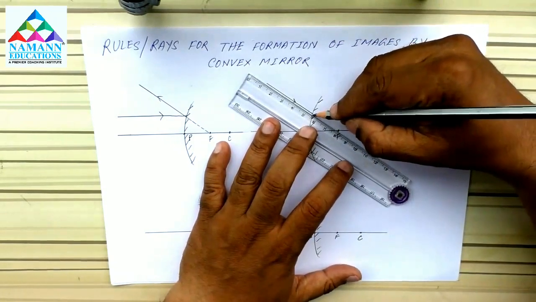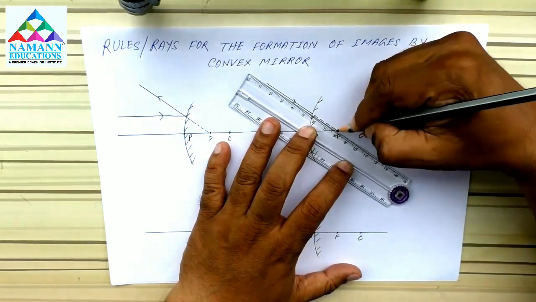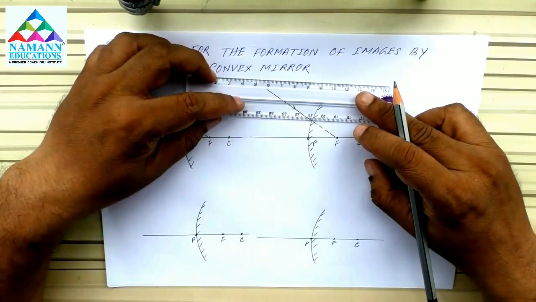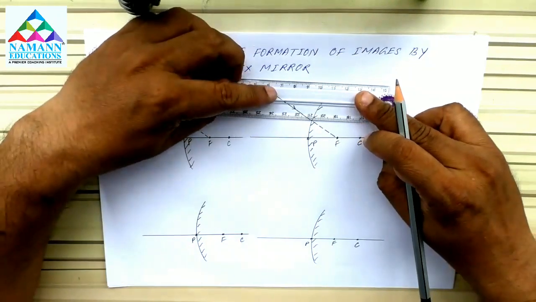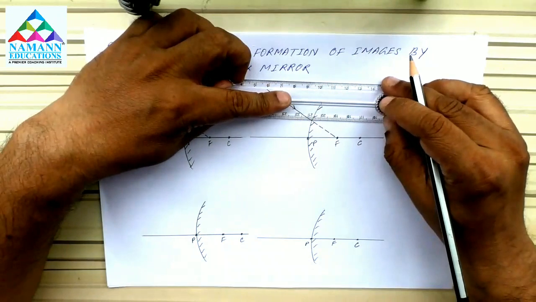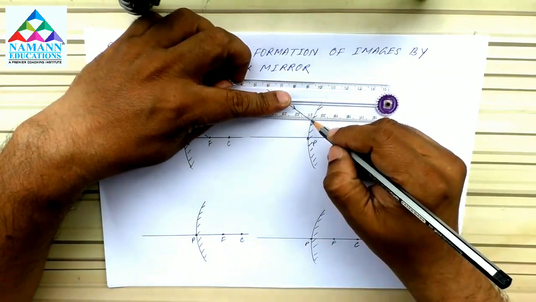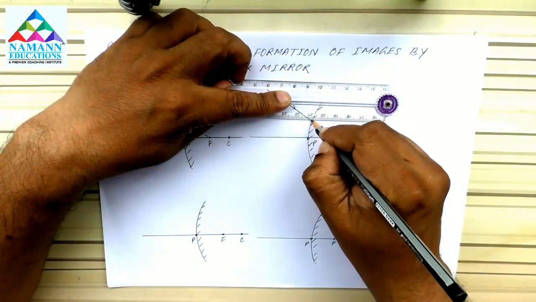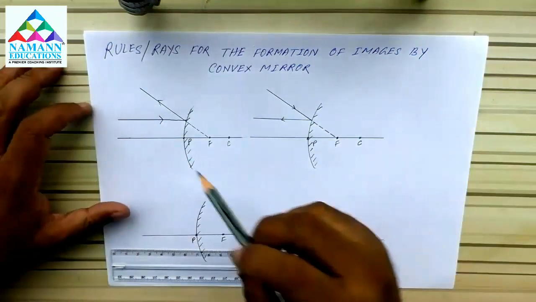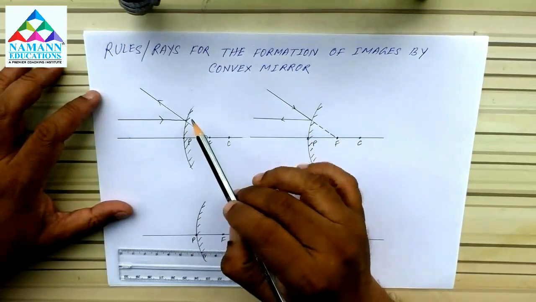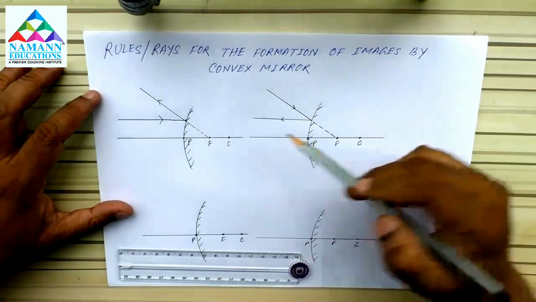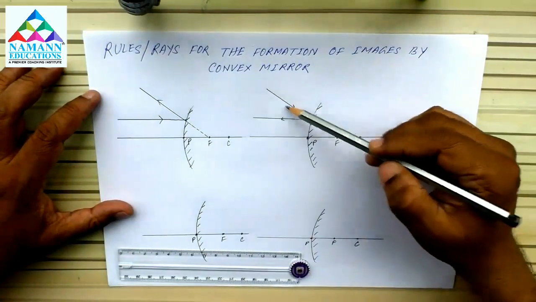So after reflection, this light ray becomes parallel to the principal axis. So first rule, a ray of light incident parallel to the principal axis after reflection appears to diverge from focus. And second one, opposite of the first one, if a ray of light appears to converge at focus, it becomes parallel to the principal axis.